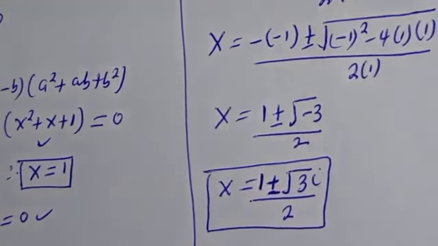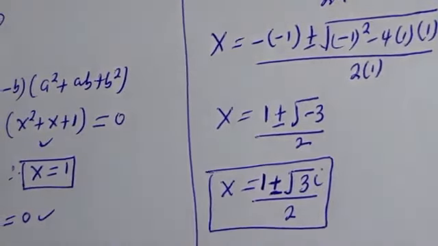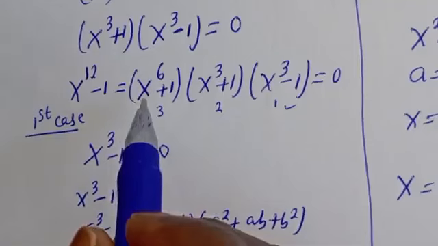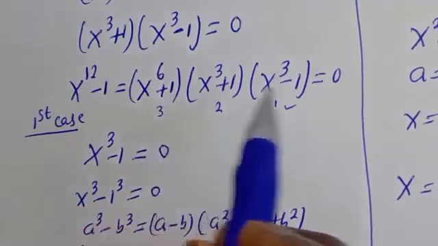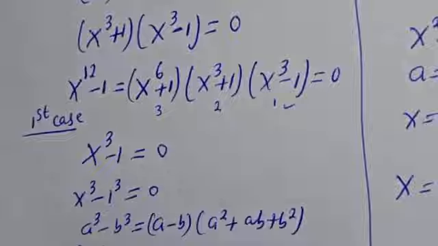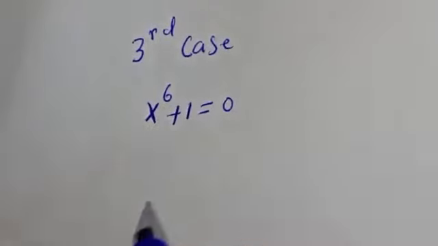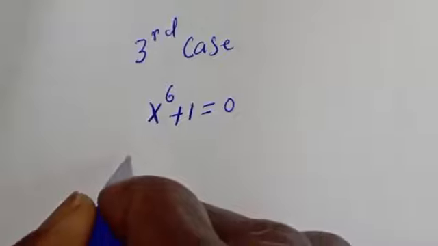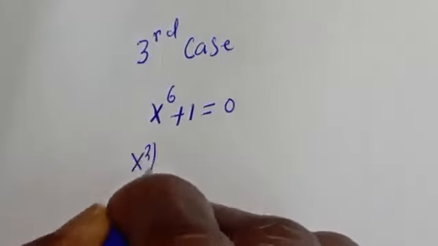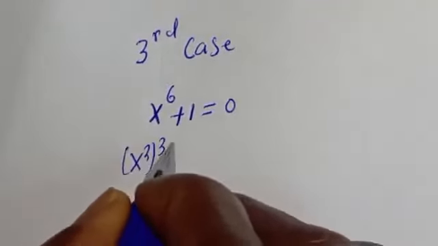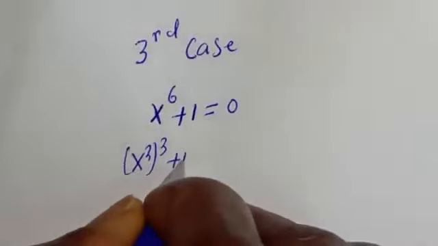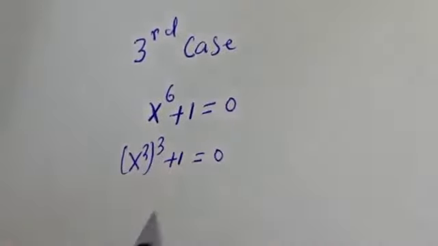Now let's consider the last case, which is the third case. The third case is s raised to power 6 plus 1 is equal to 0. Then s raised to power 6 plus 1 is equal to 0 can be written as s squared to the power of 3 plus 1 is equal to 0.